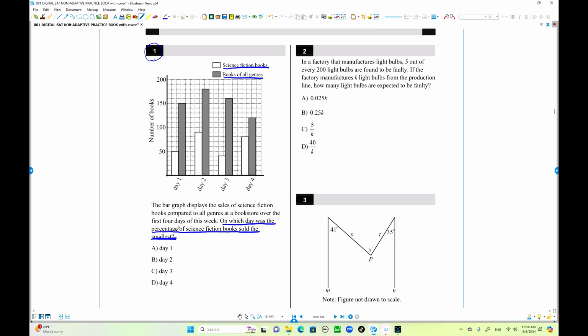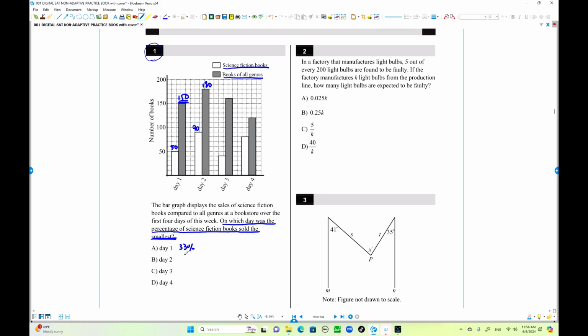Now check out the first day. Day 1: the total number is 150, and this is 50. Do not add this to this, it's already a total number. So 50 over 150 is 1/3, around 33%. Day 2, that is 90 and 180.